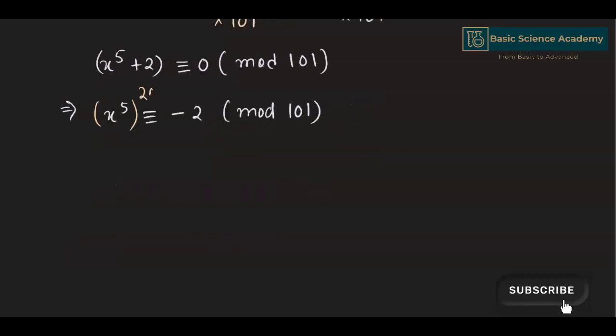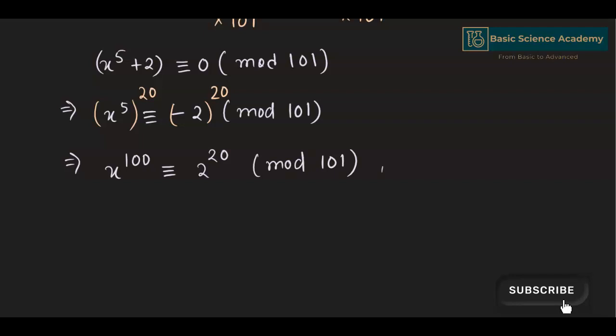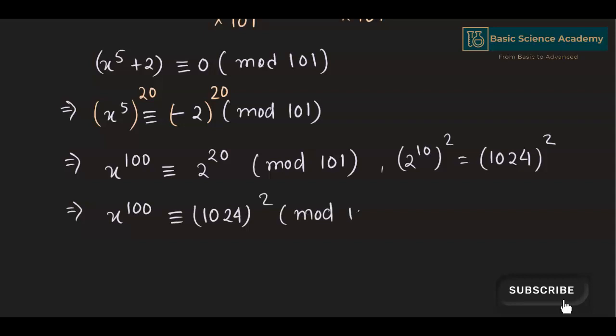Taking power 20 on both sides of this congruence gives x to the power of 5 multiplied by 20, which is 100, is congruent to minus 2 to the power of 20, which is 2 to the power of 20 because 20 is an even number, mod 101. We can write 2 to the power of 20 equals 2 to the power of 10 squared, which equals 1024 squared. This gives x to the power of 100 is congruent to 1024 squared mod 101.